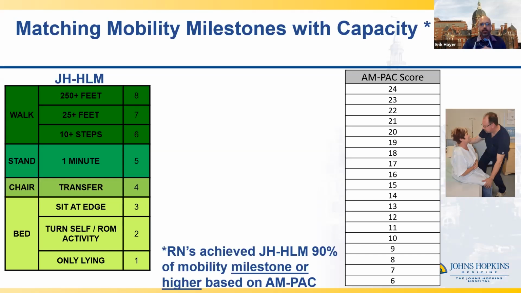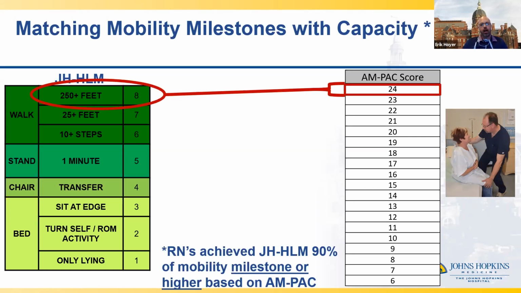But in the non-ICU setting, in what we would consider the general med surge floors, neurology, et cetera, where we've done these studies, what we find is that for a milestone like walking 200 plus feet, or an HLM of 8, when patients have an AMPAC score of 24, they're able to achieve that milestone about 90% plus of the time.